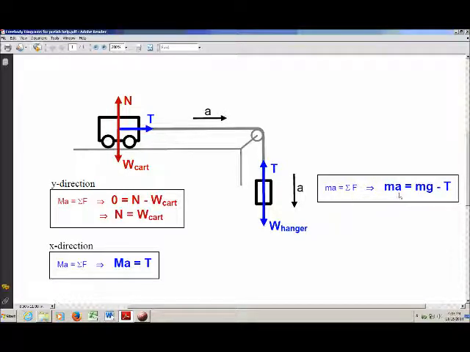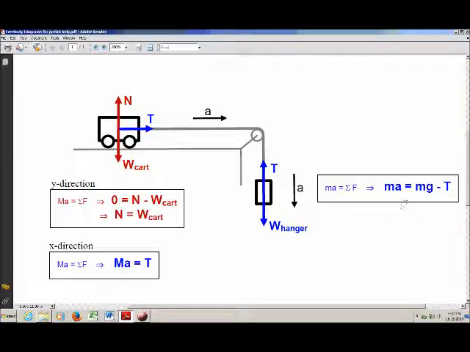So mass times acceleration equals, and here you have to be a little bit careful with your minus signs. So what I've done is I have defined the direction of the acceleration to be my positive direction. And if A is pointing in the positive direction, that means that the weight, that force, is a positive force. So mg for the weight of the hanger is a positive quantity. And tension, which is pointing in the opposite direction to the acceleration, which is my positive direction, must be a negative value.